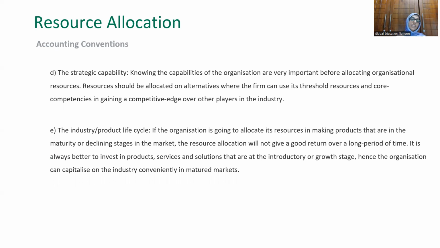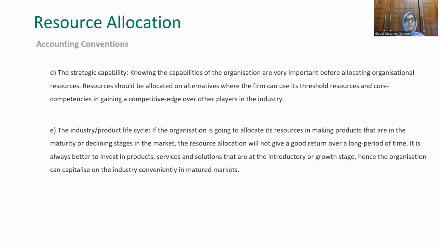And then the last one that we will be talking about would be the industry or the product life cycle. If the organization is going to allocate its resources in making products that are in the maturity or decline stages in the market, the resource allocation will not give a good return over a long period of time.